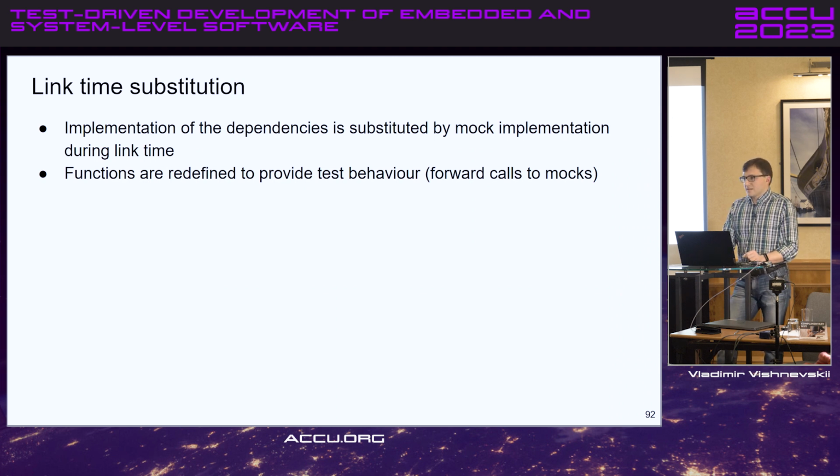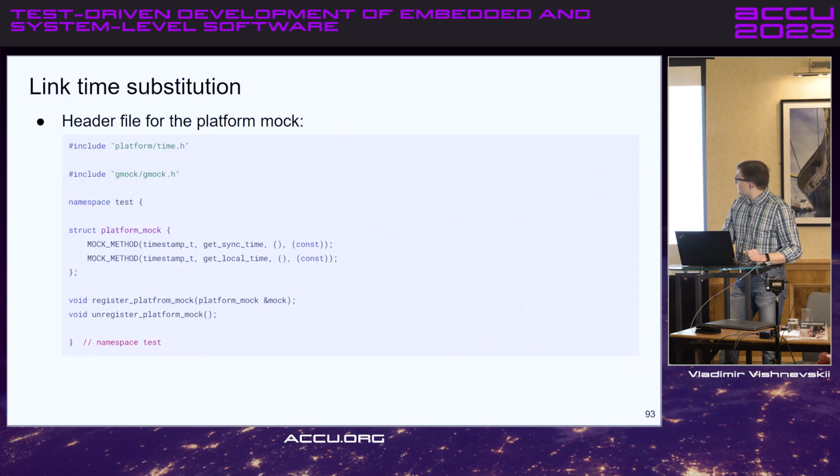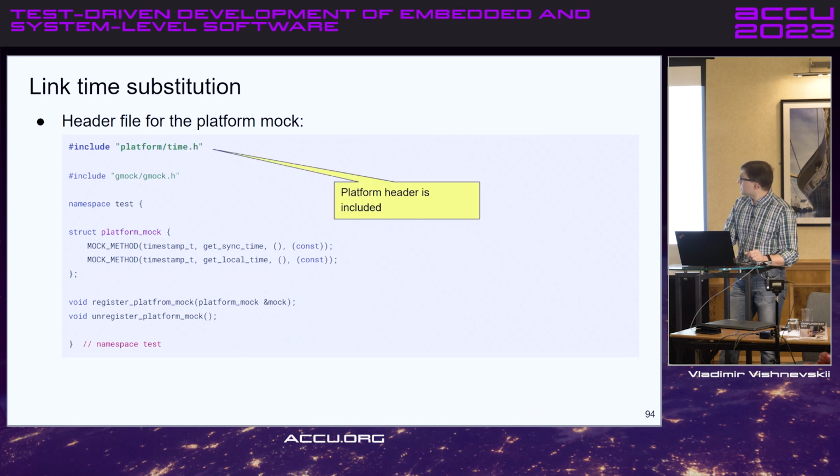So it's basically based on the idea that we are just substituting the implementation by a test implementation of the framework that we are dependent on. For our time, it would look like this. So we are using the header, the platform header.